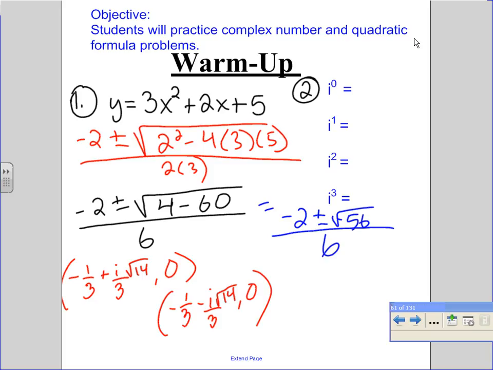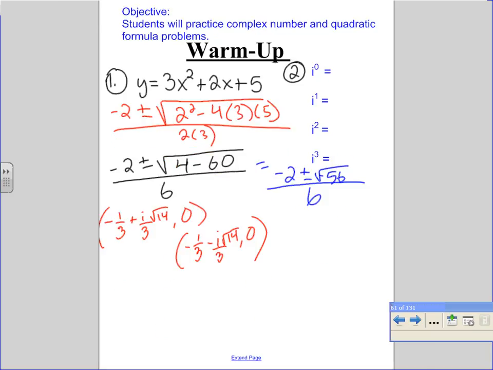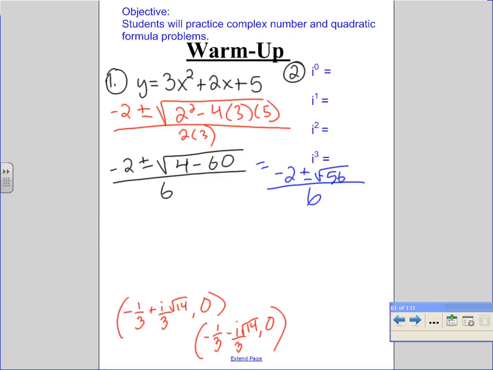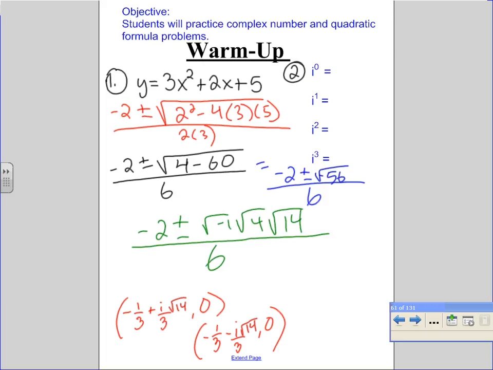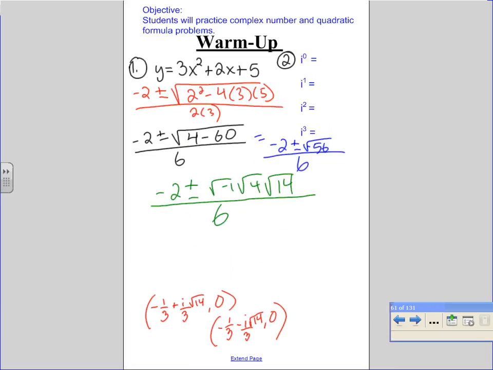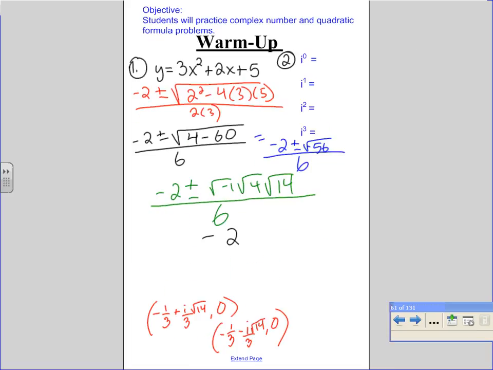Can you see this green or is it too light? -2 plus or minus square root of -1, square root of 4, square root of 14, all over 6. -2 plus or minus 2i square root of 14, all over 6. -2 over 6 is -1/3. 2 over 6 is 1/3.